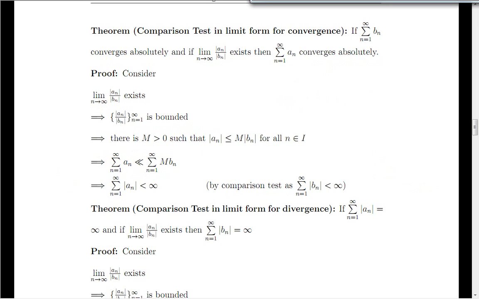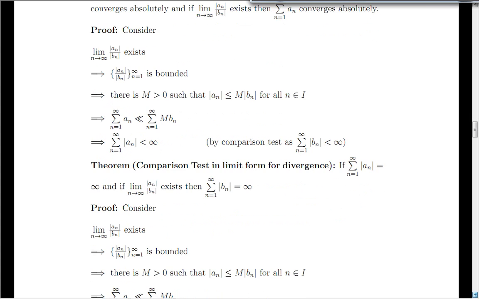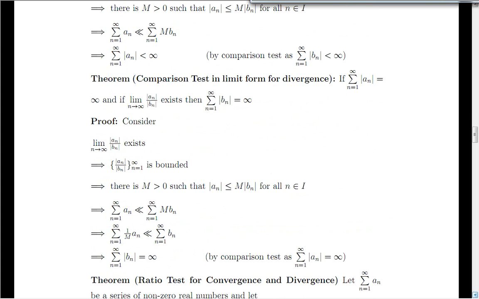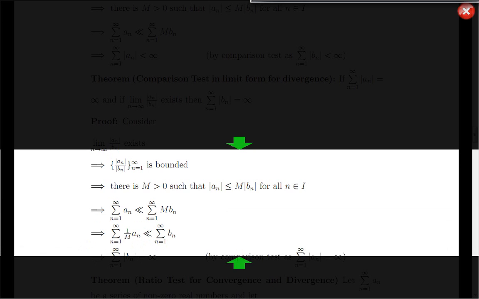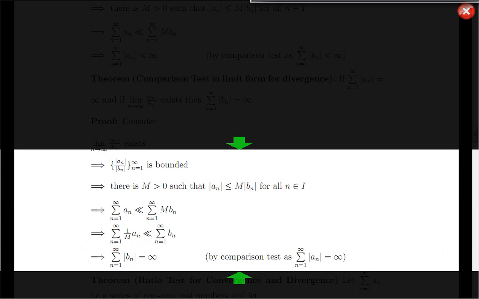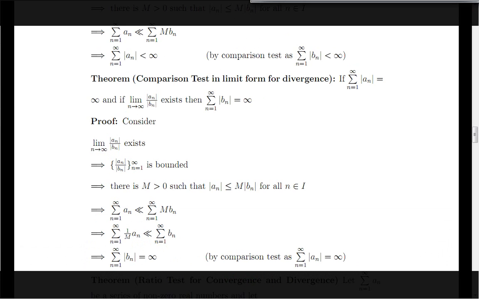Let us see comparison test in limit form for divergence.